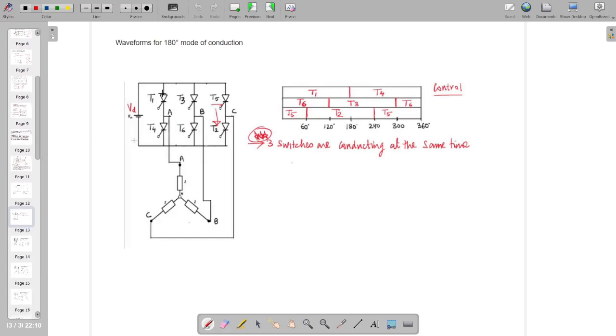You can clearly see the waveform of the 180-degree mode: thyristor 1, thyristor 2, thyristor 3, thyristor 4, thyristor 5, thyristor 6. In the first period, 0 to 60 degrees, thyristor 1 is connected to the supply, along with thyristors 5 and 6 like this, to the load.